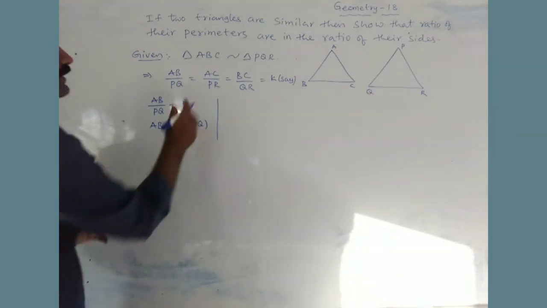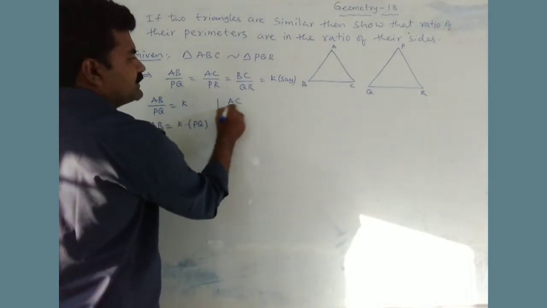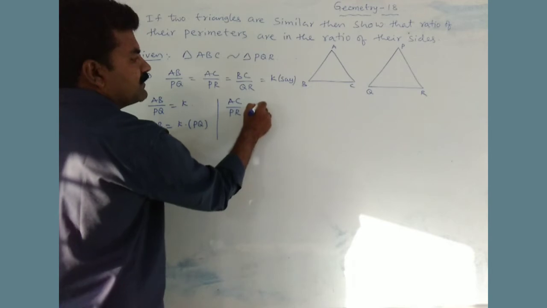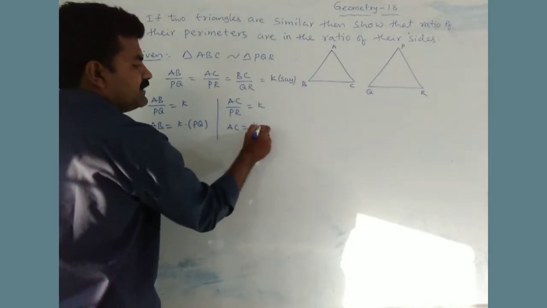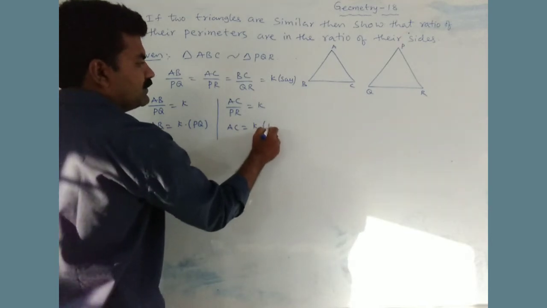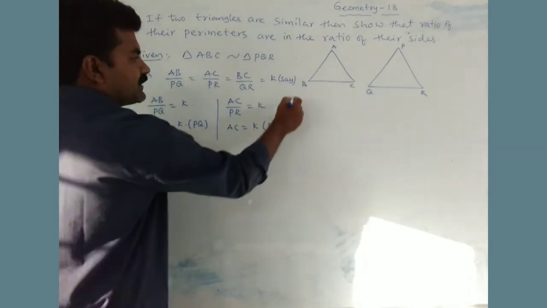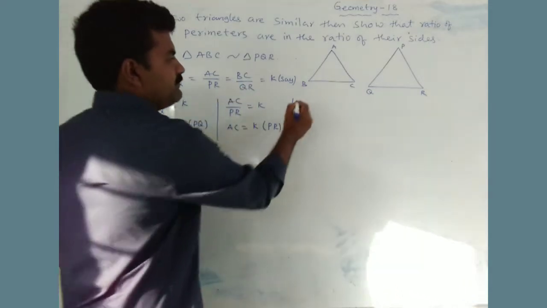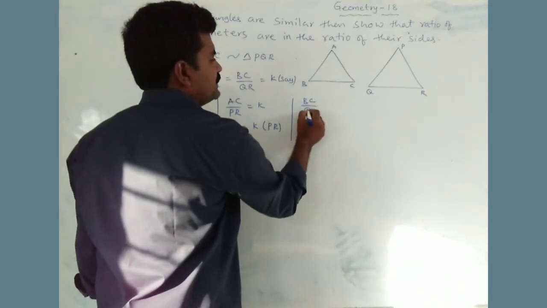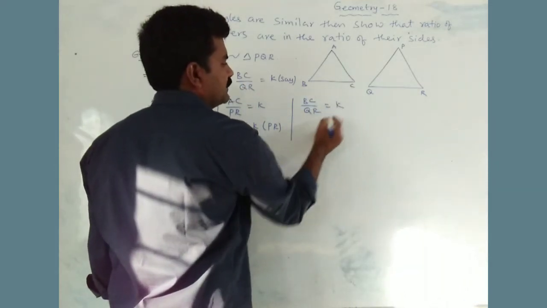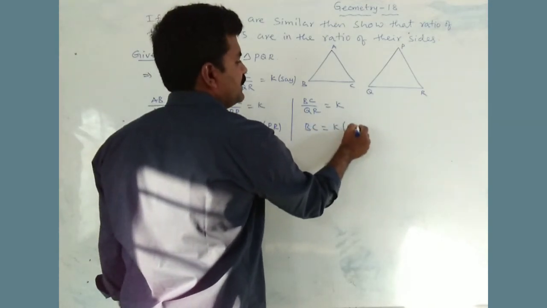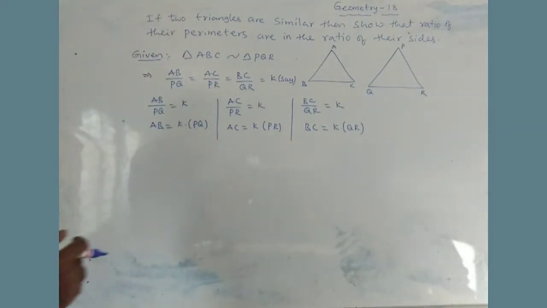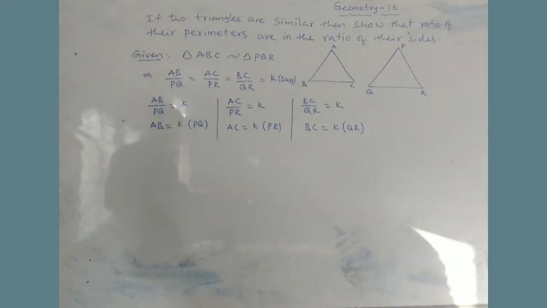And let us equate AC by PR is equal to K. From this I can say that AC is equal to K into PR. In the same way, if you equate the last terms, we get BC is equal to K into QR.